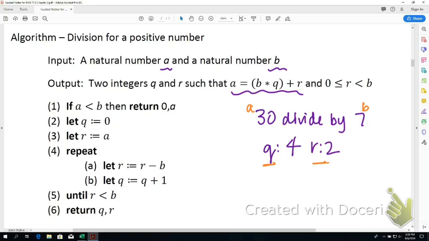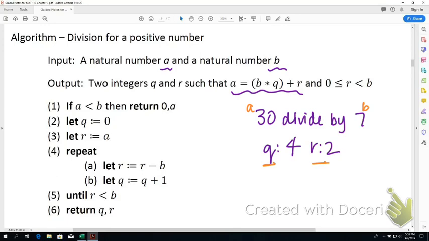Remember, if I subtracted 7 4 times, and that's how I could do the division, then if I want to figure out what A is, I just do the B value times the Q, and then I add the remainder back in, and I should get what I started with, A. That's an equation that relates A to all of those.